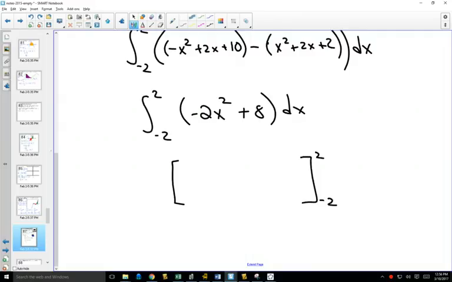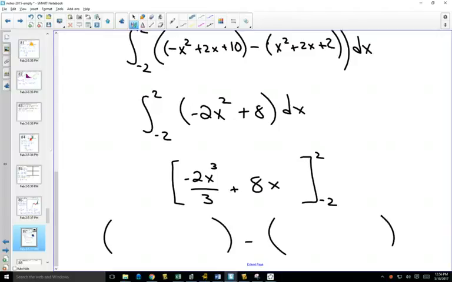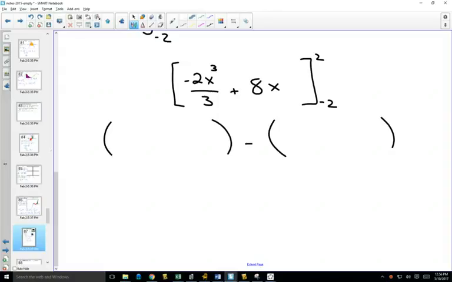So now when we integrate, we're going to get -2x cubed over 3 plus 8x. Plug in 2. -16 over 3 plus 32.